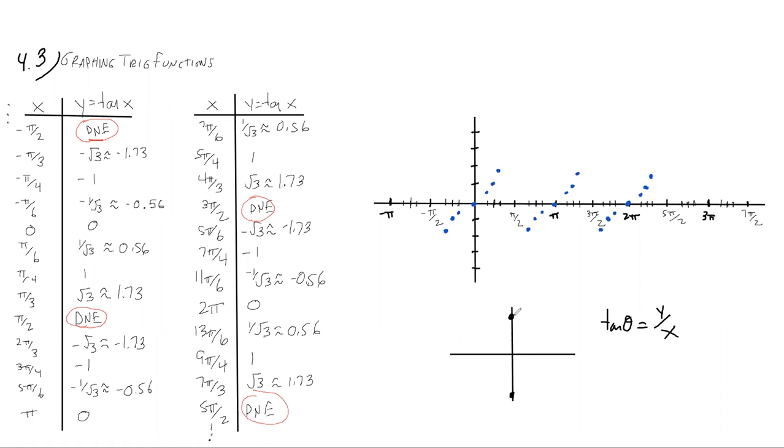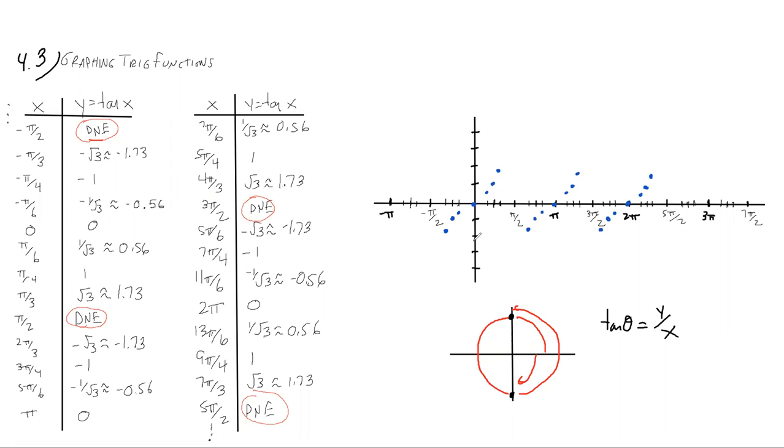So this is 90 degrees, pi over 2. This will be if we go around again. This is 3 pi over 2, 5 pi over 2, negative pi over 2 if we go left. So it's all of these ones that actually end up on the y-axis.